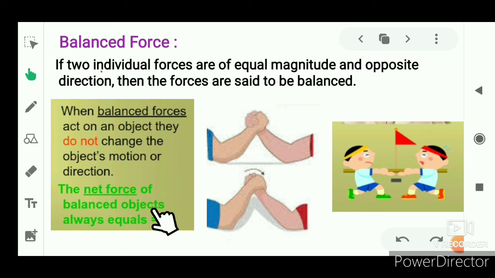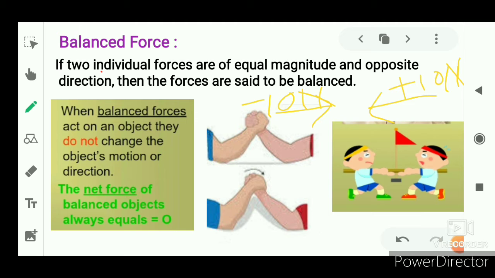Okay, the net force of balanced objects is always 0. Means one person is applying a force in one direction and another person is applying a force in the opposite direction. If the force applied is 10 Newton in one direction and 10 Newton in the other, their directions are opposite, so their signs will be opposite.